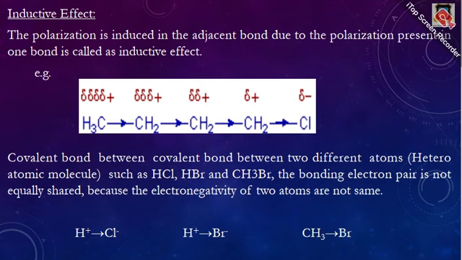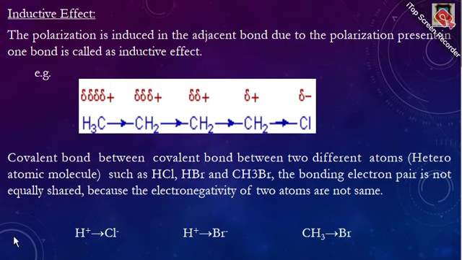It's called inductive effect. In a covalent bond between two different atoms, heteroatomic molecules such as hydrochloric acid, that is HCl, HBr, CH3Br, that is methyl bromide, the bonding electron pair is not equally shared because the electronegativity of the two atoms is not the same.